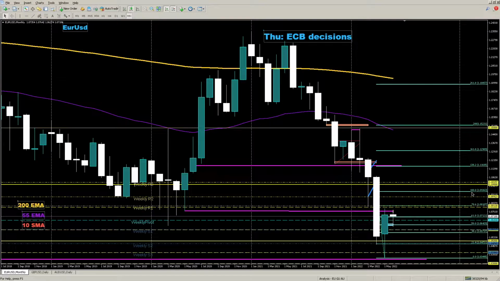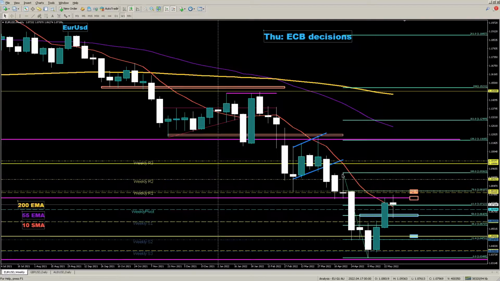Get close to the 100 fib area for this swing high. But the 110 is still going to be a major resistance, which it's unlikely to reach in the current month.